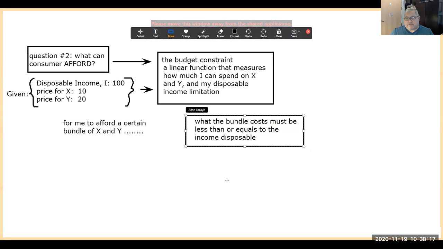I can't spend more than I have. That's what this boils down to.